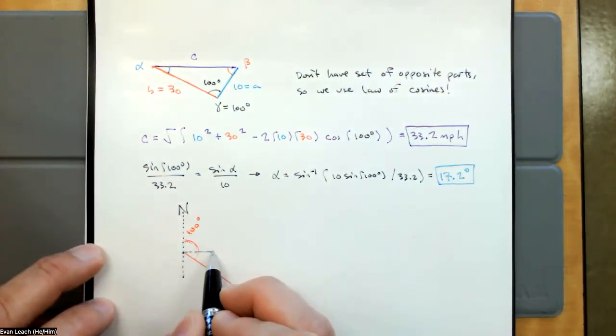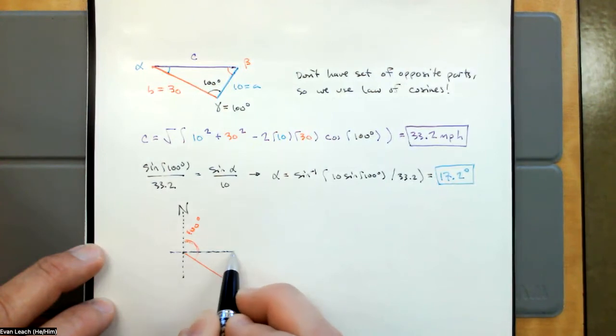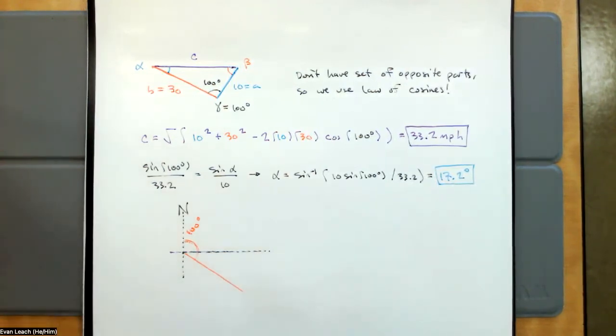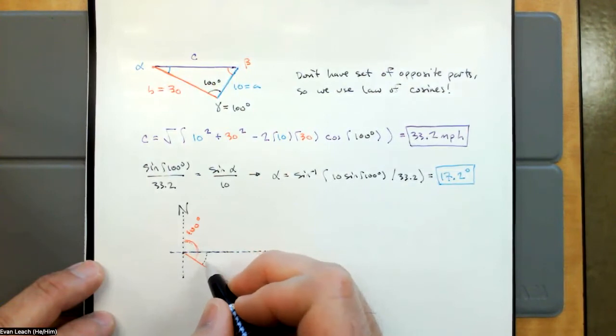Here's 90 degrees east of north, which means this piece in here is 10 degrees.